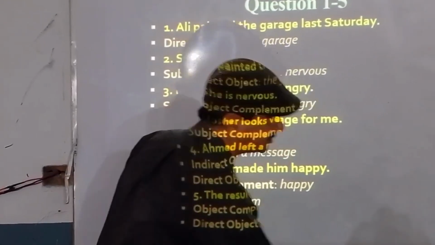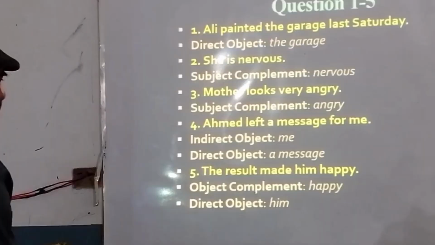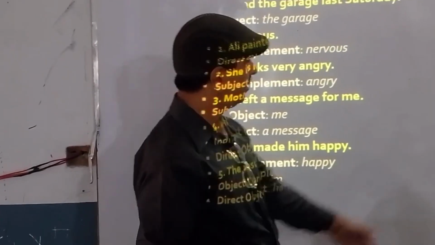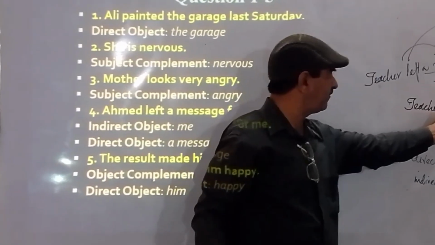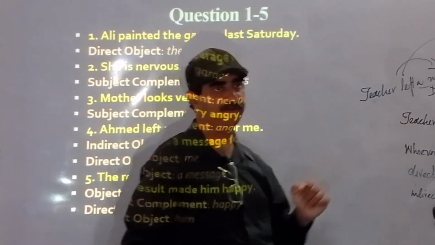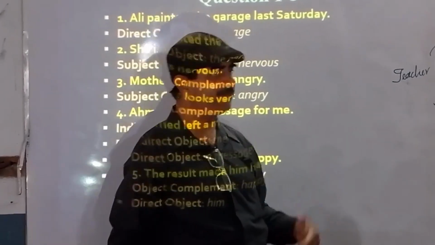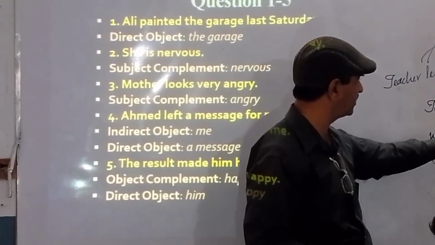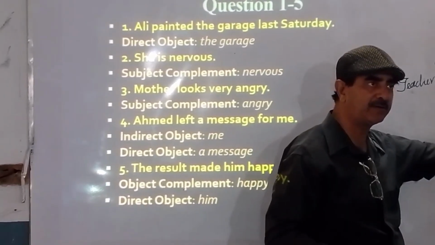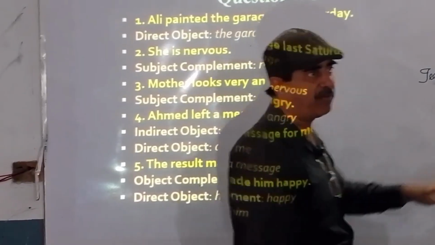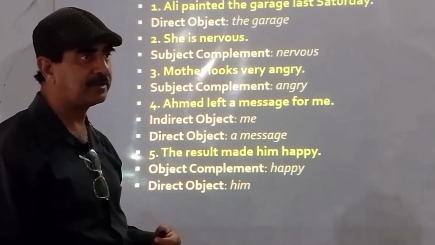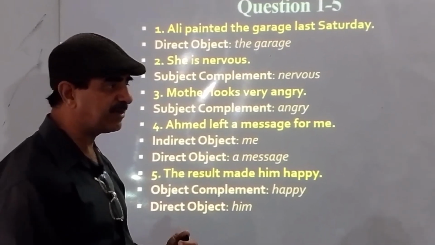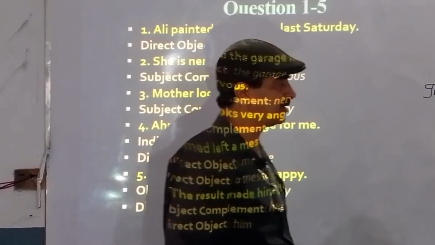For example, this is the duster. Look at the duster. Take it. Look at the example: Teacher gave duster to Sam. The action of giving is directly affecting the duster.